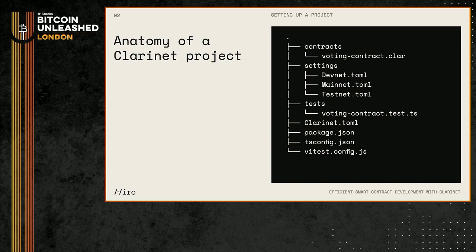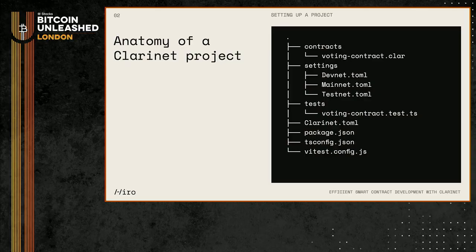Once you have done that, you will get a project structure looking about like that. You have your Clarity contract, the first file here in contracts. Then you have a few settings. The settings will define how your DevNet behaves. The DevNet is basically a local environment running a Bitcoin node, a Stacks node, and a few other helpful tools.